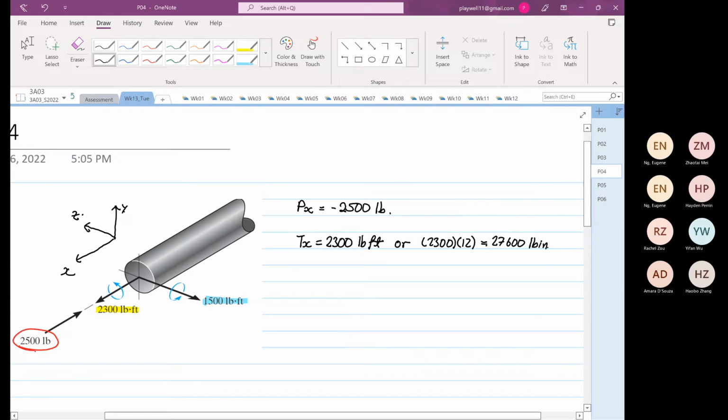And then we have a moment in Z. So the moment in Z, 1,500 pound feet, or 1,500 multiplied by 12, is equal to 18,000 pound inch.